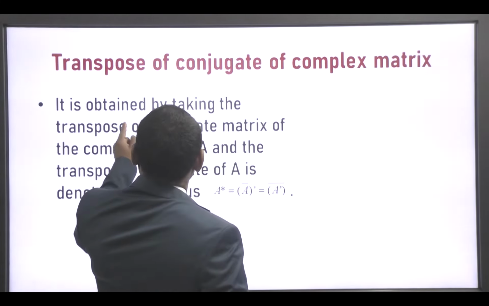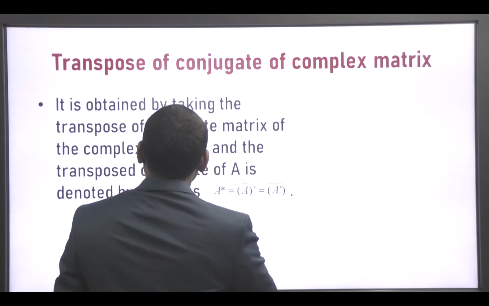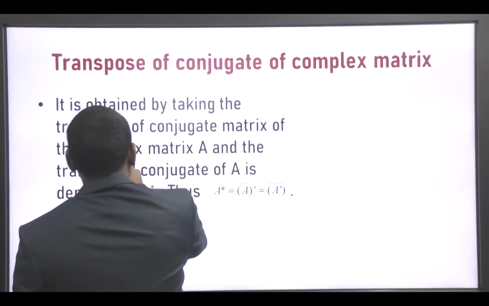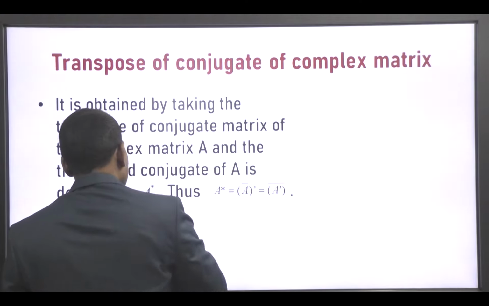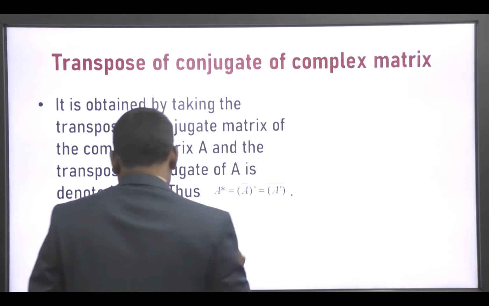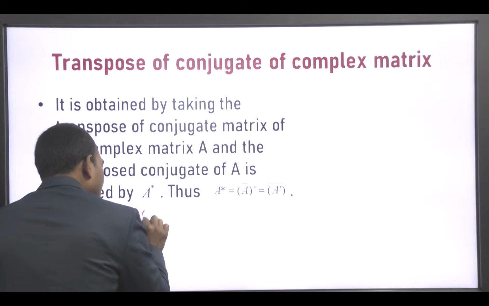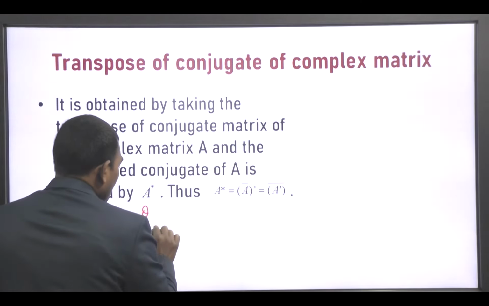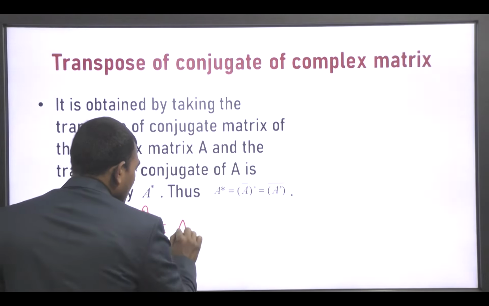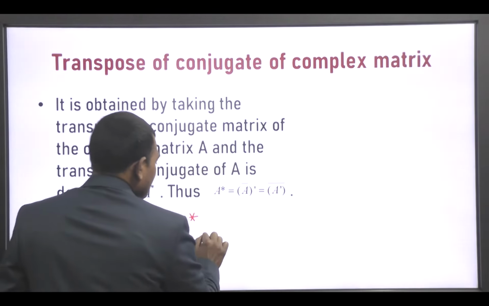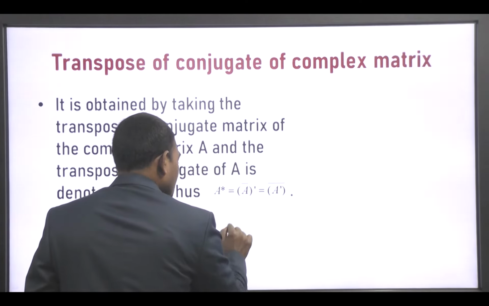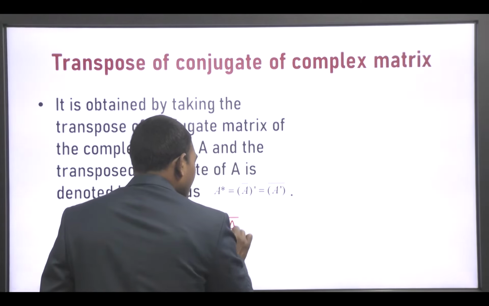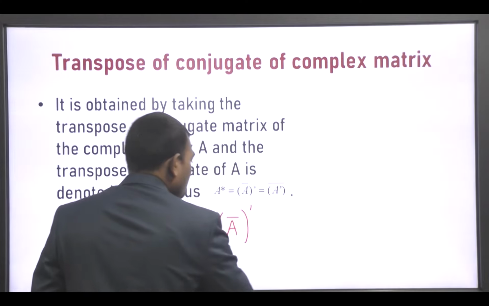Now, the transpose of the conjugate of a complex matrix. It is obtained by taking the transpose of the conjugate matrix of the complex matrix A, and the transposed conjugate of A is denoted by A star. It is also denoted by A theta somewhere. So, A theta, that is the same thing as A star, is equal to the conjugate of A and then its transpose.